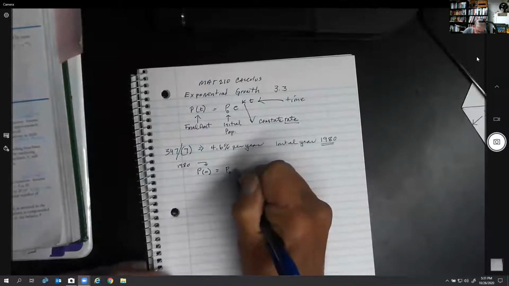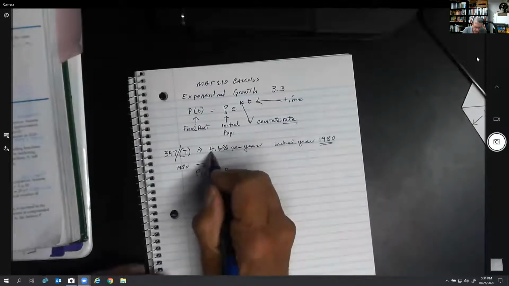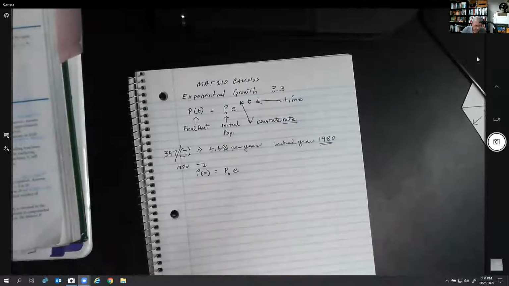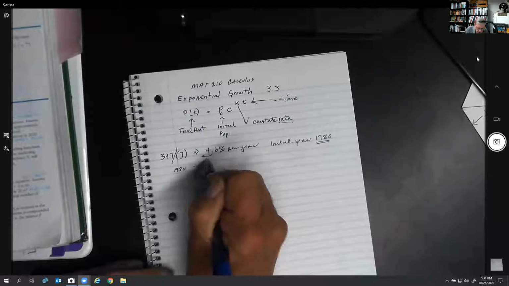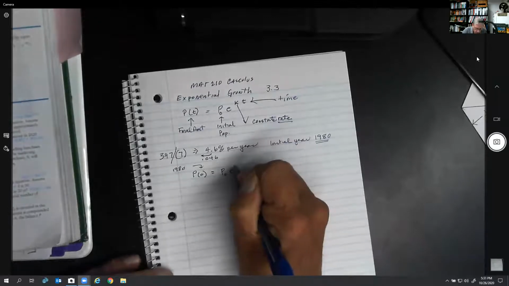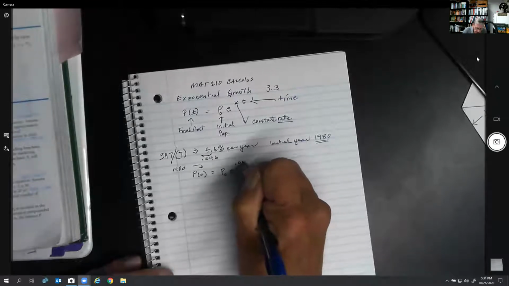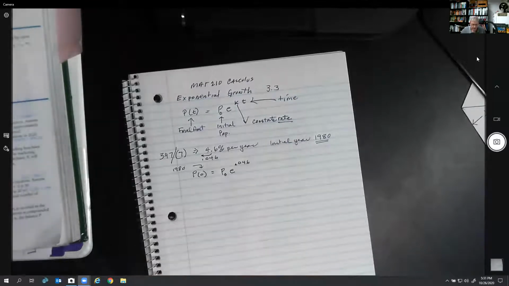Okay, E. The constant rate of growth is 4.6%, but we need that as a decimal, not as a percent. So we're going to have to write this as 0.046. This is very important because if you don't write it that way, you have your decimal in the wrong location.